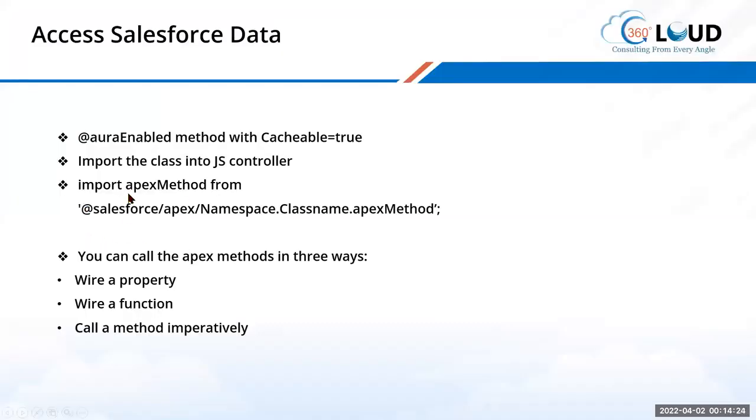So if I want to import Apex code, I can just use simple text. What does @salesforce/apex mean? This will be the standard namespace. So whatever the namespace here, you can just leave it, and whatever the class name dot Apex method.